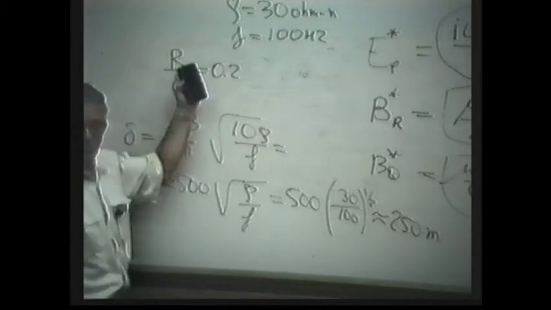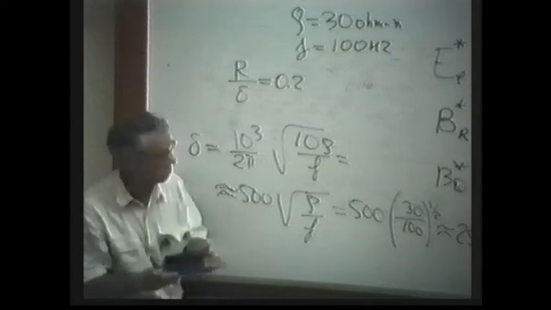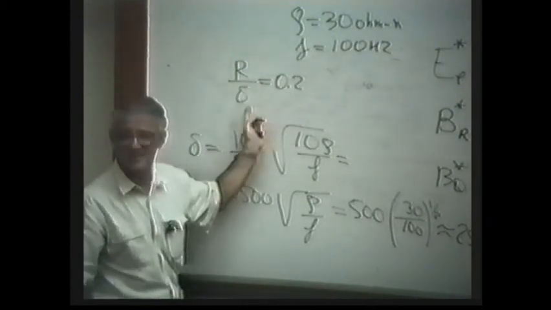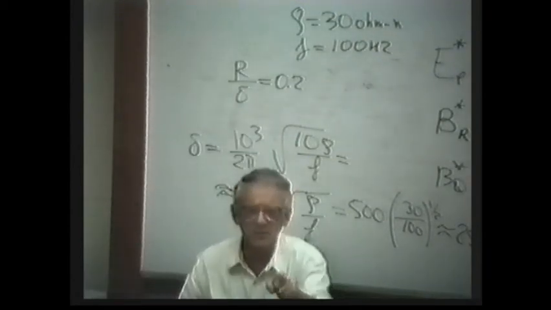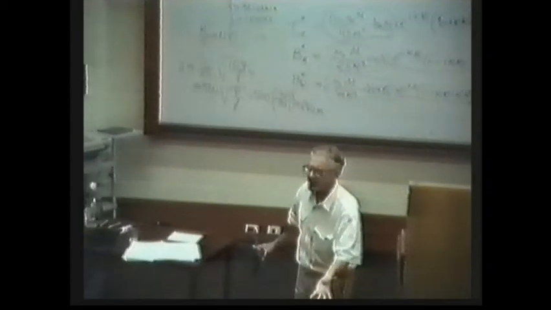So we feel we are not very wrong that if the distance is 5 times smaller than the skin depth, then the electrical current which arises, the induction current, is defined by the primary electrical field, that's all.